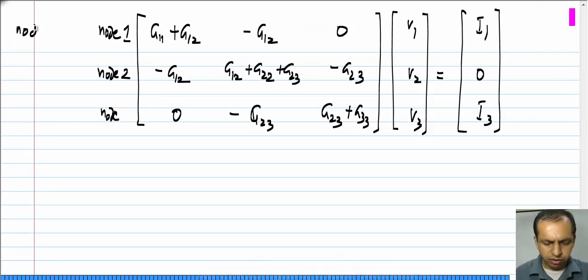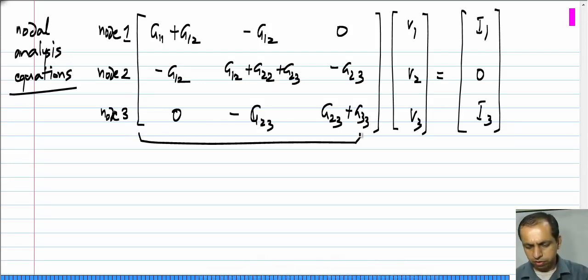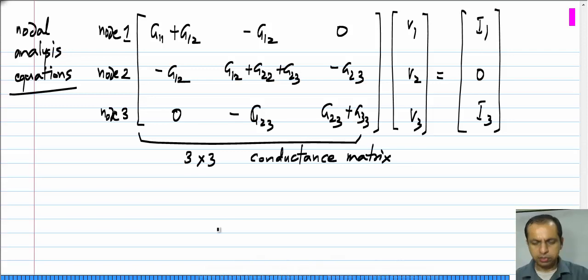So, these are the nodal analysis equations, and I have a 3 by 3 conductance matrix.